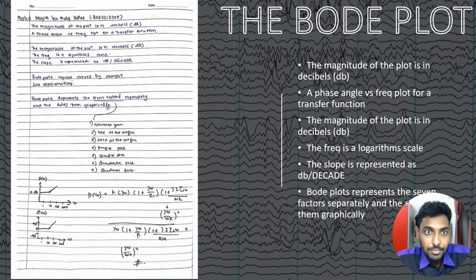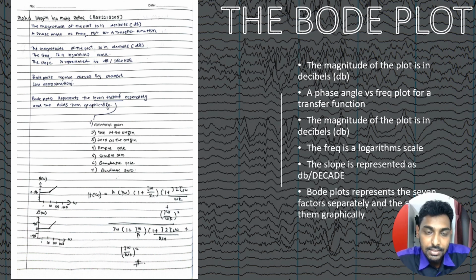The magnitude in dB is on a logarithmic scale, and the frequency is a logarithmic scale too. The slope is represented as dB per decade. The Bode plots replace curves by straight-line approximations, and represent the seven factors separately and then add them graphically.